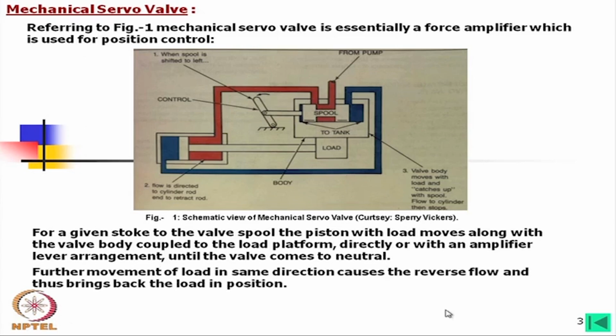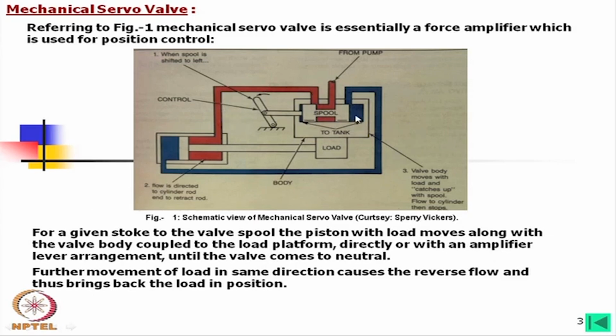Further movement of the load in the same direction causes reverse flow and thus brings the load back into position. Now, I have shown the motion, but what will happen if it moves further, I mean excess movement, beyond the desired motion? Whatever flow rate is given here is controlling the velocity.